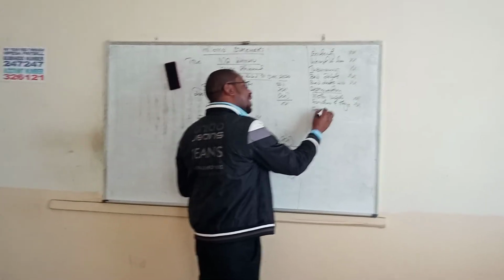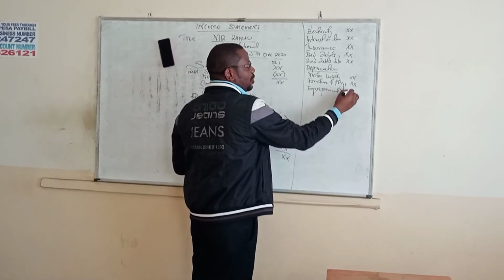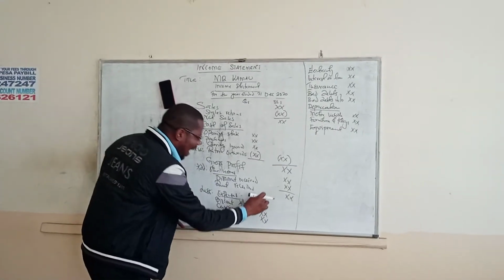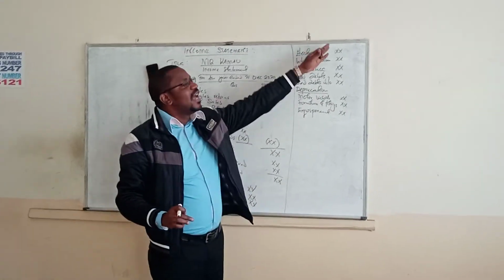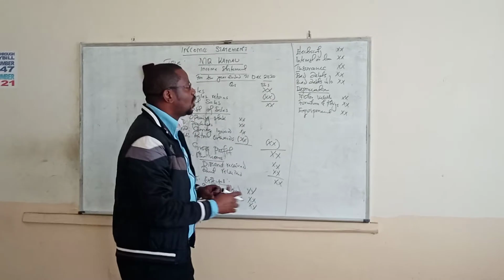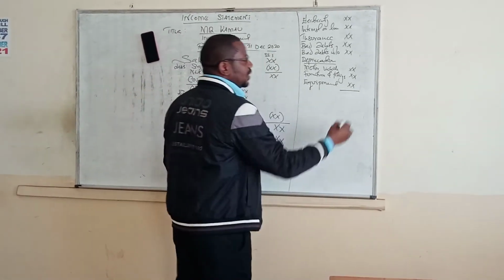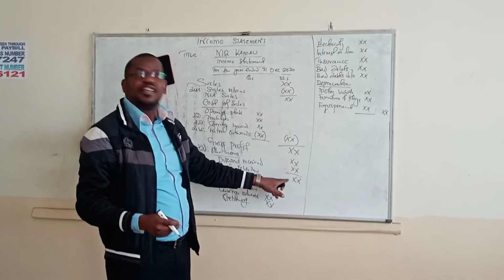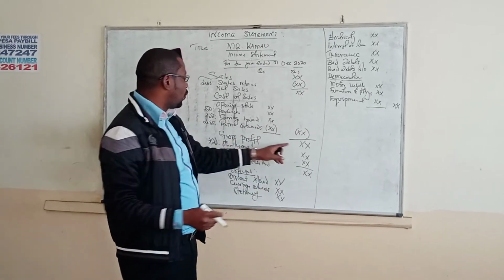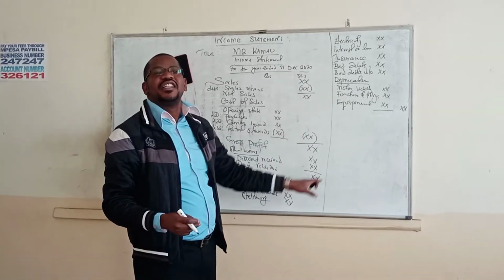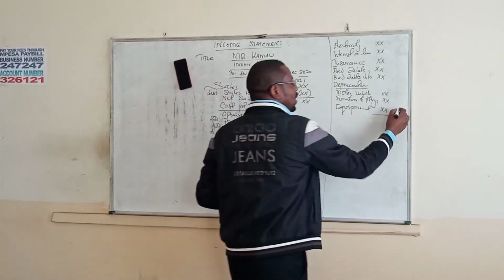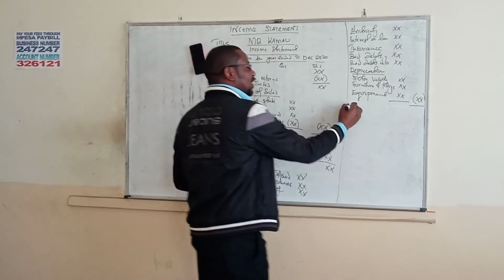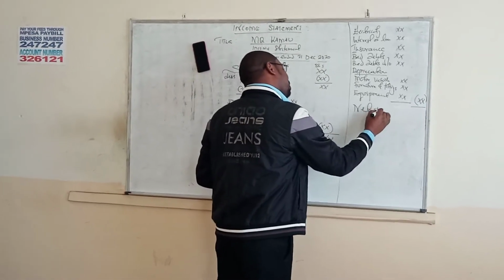But remember, land doesn't depreciate, rather it appreciates. Therefore, add the total expenses and less that value from the gross profit plus other incomes. Therefore, we shall arrive at net profit.